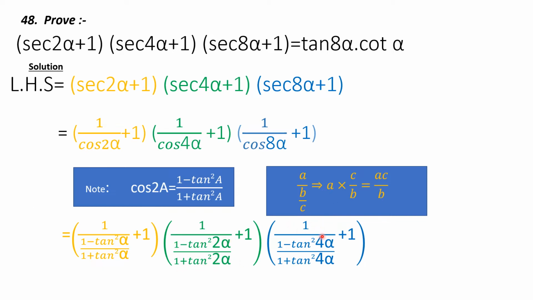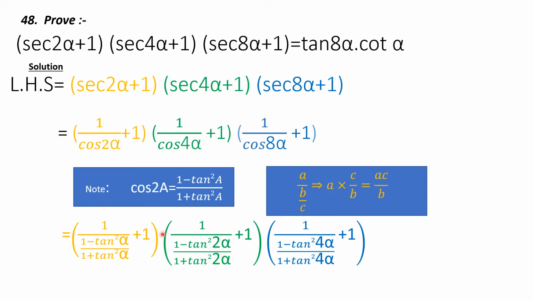If we apply this concept, what do you think we will get? Instead of this, we can write 1 plus tan square alpha over 1 minus tan square alpha.